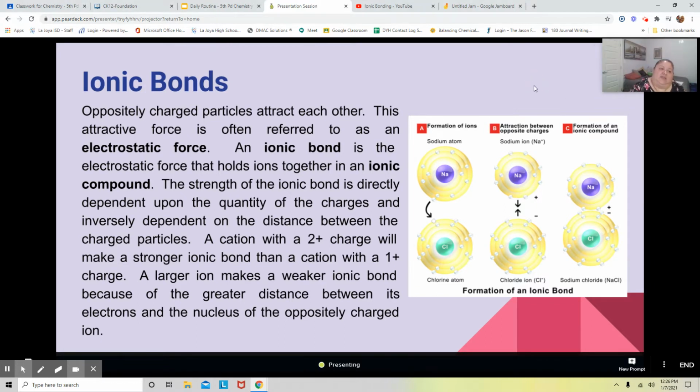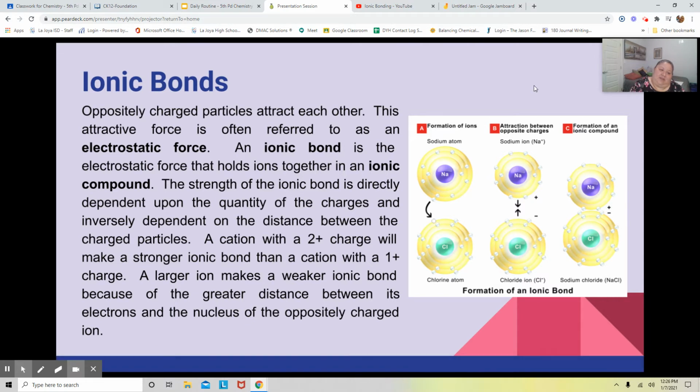Ionic bonds. You have to remember, if you ever played with a magnet, if you put the opposite ends of the magnets together, you have that positive end along with that negative end. Those magnets are going to come together right away. The same thing happens with ionic compounds.